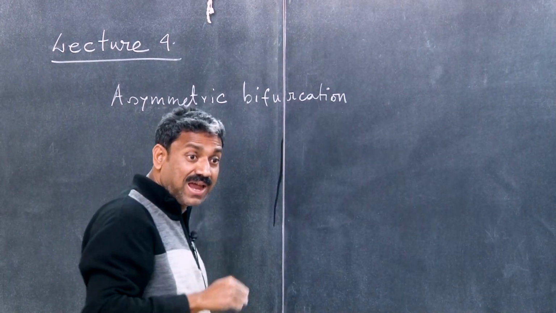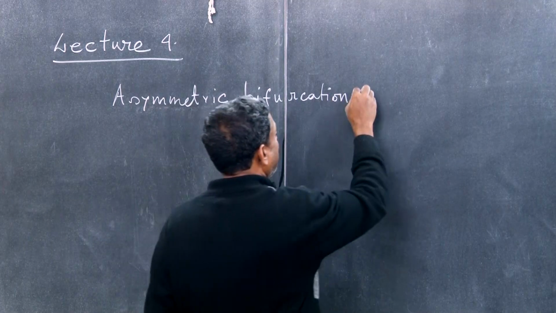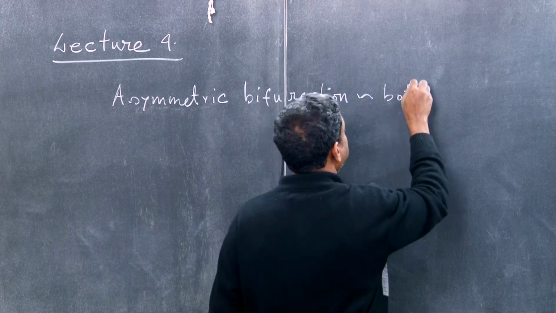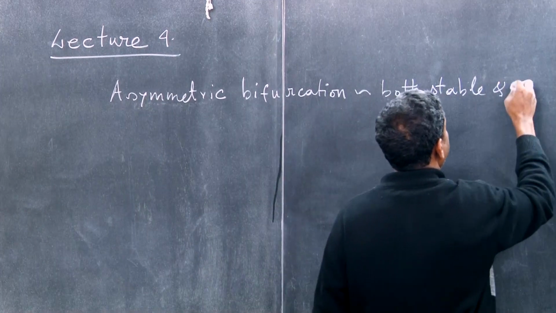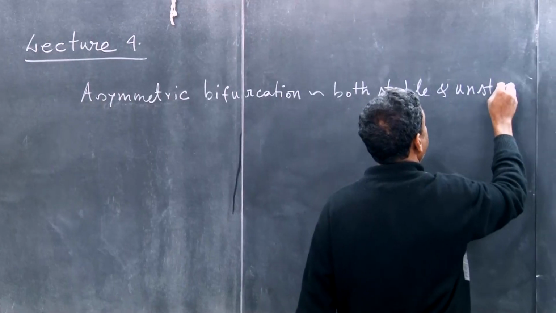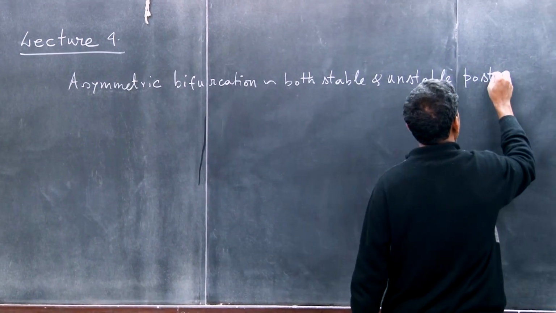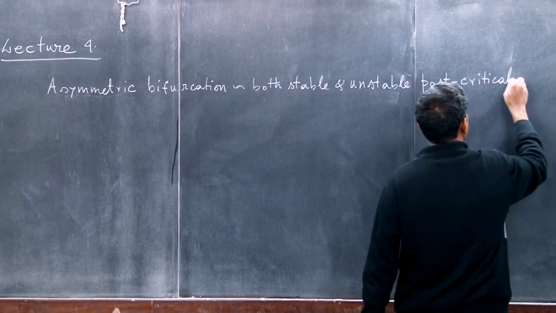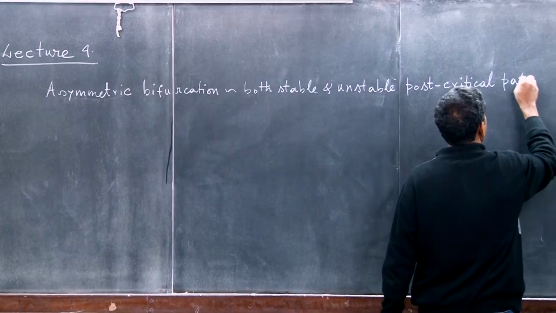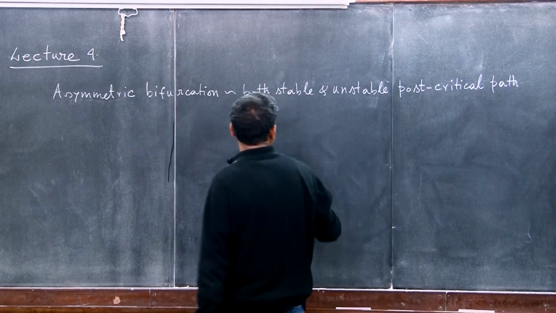Asymmetric bifurcation, and there, because it is asymmetric, we have both the stable and unstable post critical path. Stable, unstable, both stable and unstable.